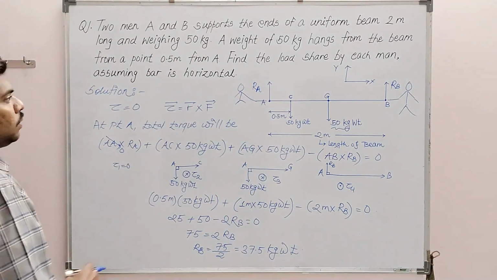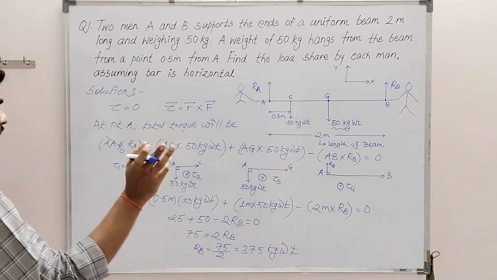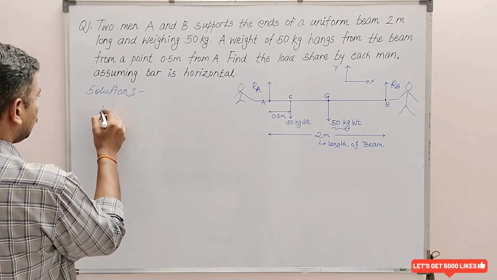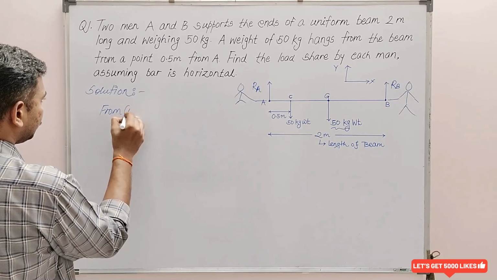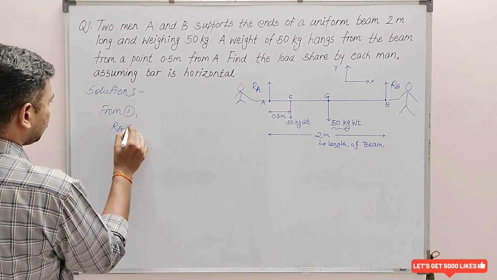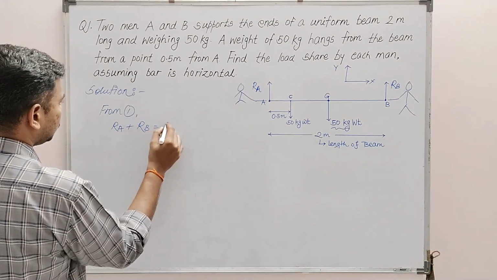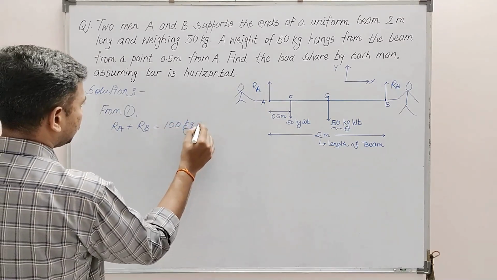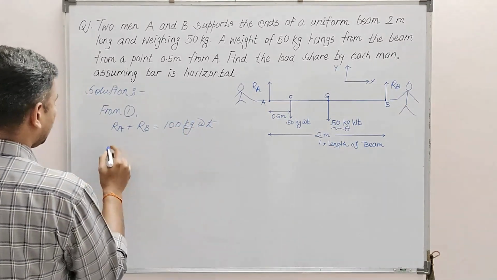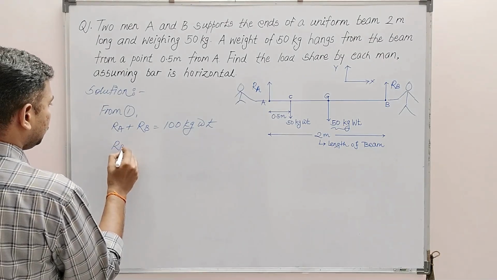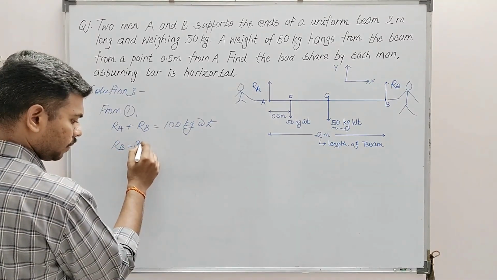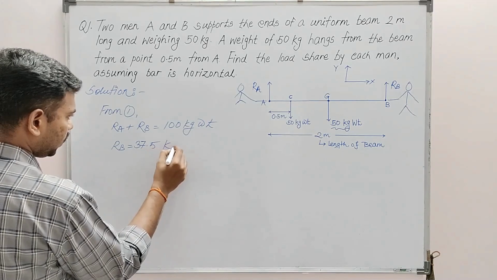Now, we have to find RA by using our first equation. So from equation 1, we can write RA plus RB is 100 kgWt, and we got RB, which is 37.5 kgWt.